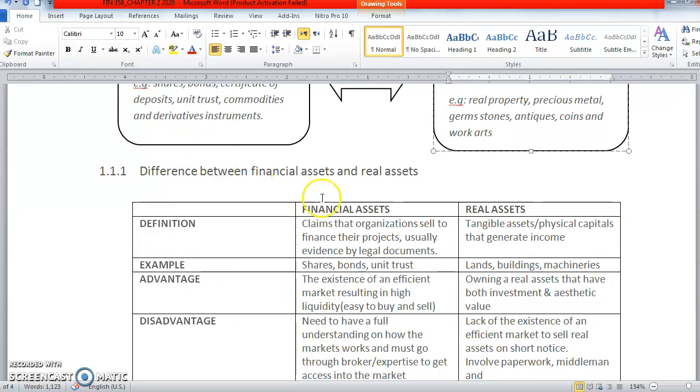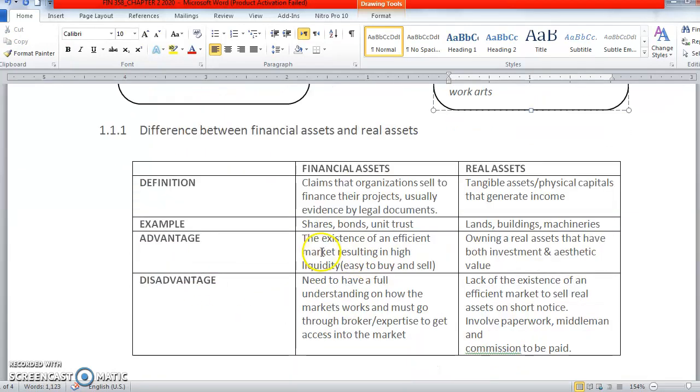So apakah difference between financial and real asset? Okay, dari sudut definisi sudah berbeza. Of course, financial asset kita jual financial assets ni untuk fund project lah, for project funding, untuk membiayai pelbagai project oleh companies.